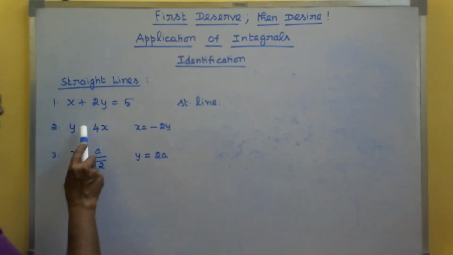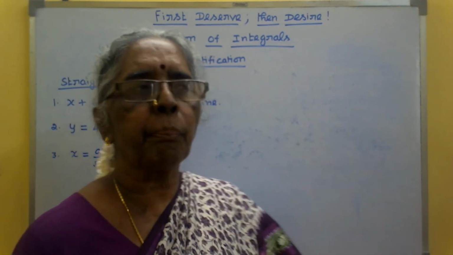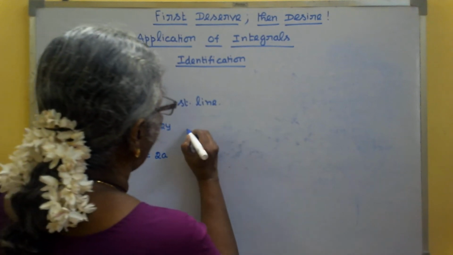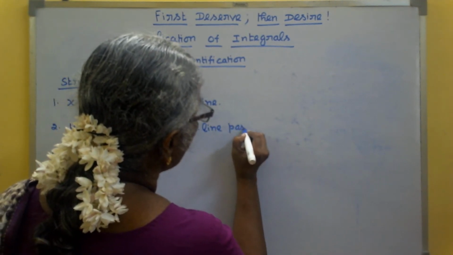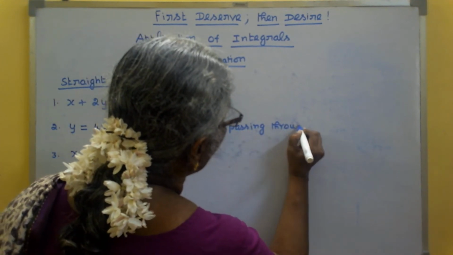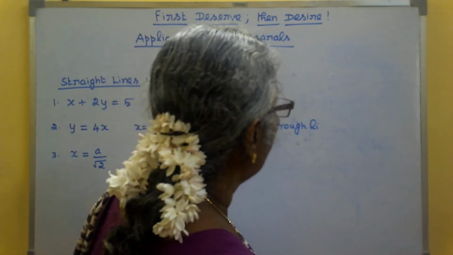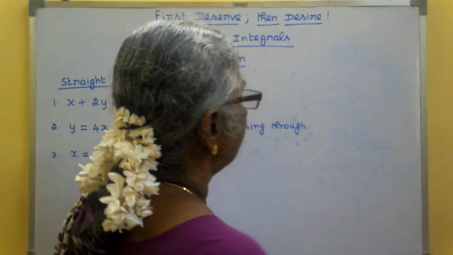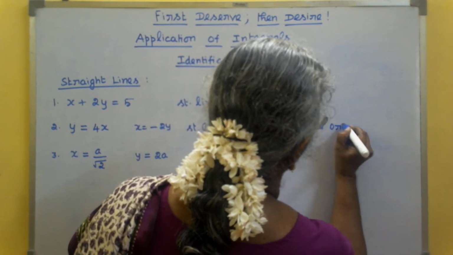Now, here you have a plus sign. Here you have a minus sign. What does that imply actually? First let me write: this represents a straight line passing through the origin. Okay. So whenever you have an x term and y term and there is no constant, that will represent straight lines passing through the origin.